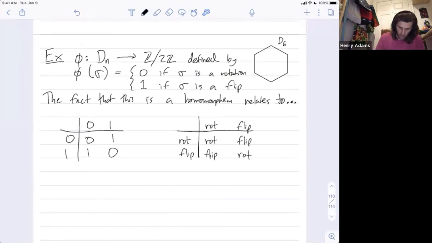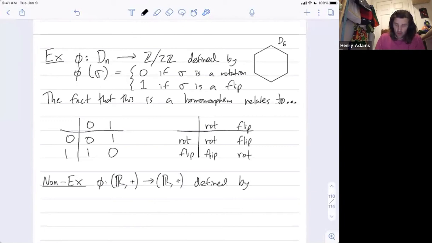All right, I want to do a non-example. Let's look at this map from the reals under addition to the reals under addition. Let's map a real number x to x squared. This is not a homomorphism.